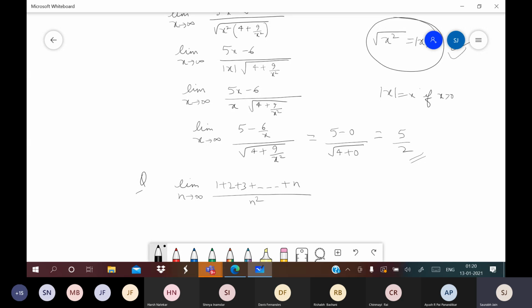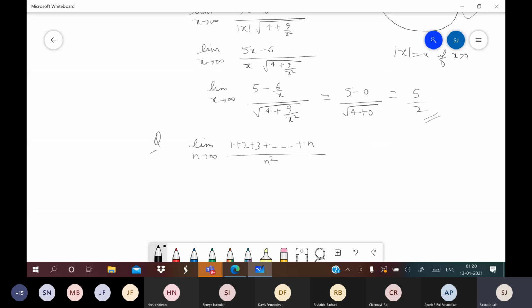This is similar to the first question. So half. Yeah, good. Correct. Half is the answer. This is also important from the school exam point of view.